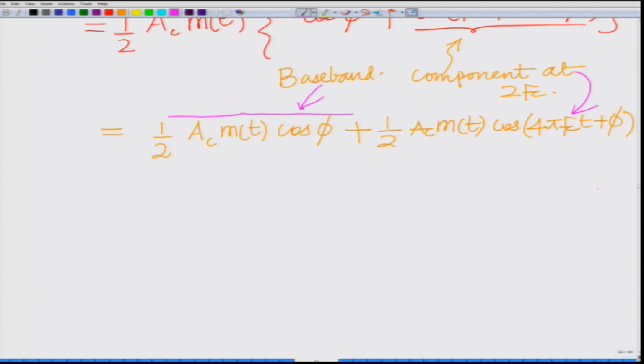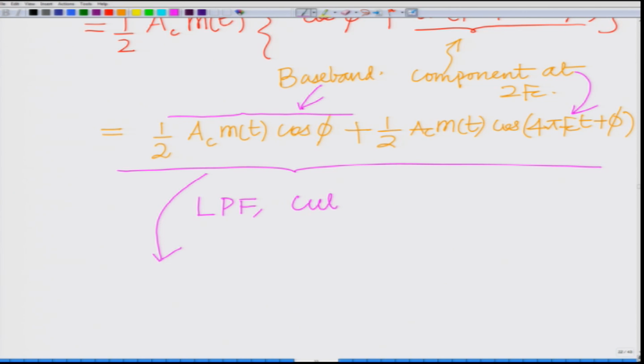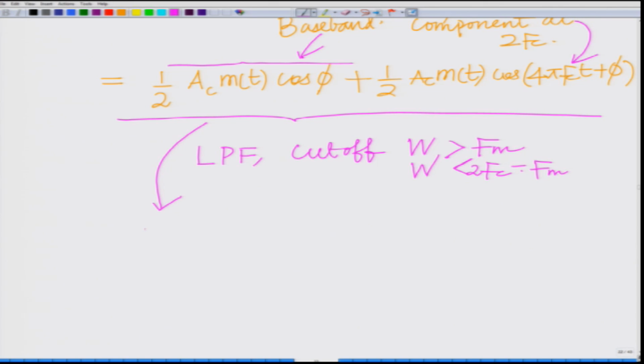Now, when we pass this through a low pass filter, again the same thing, the cutoff W is greater than f_m and less than 2 f_c minus f_m, correct, and what we get is half A_C m(t) cosine phi.